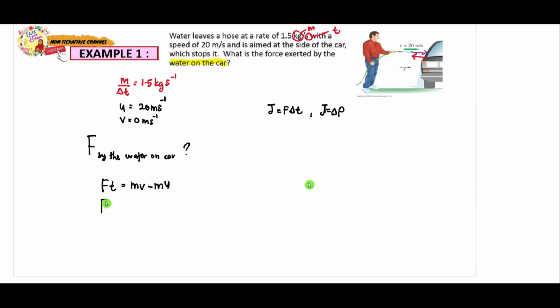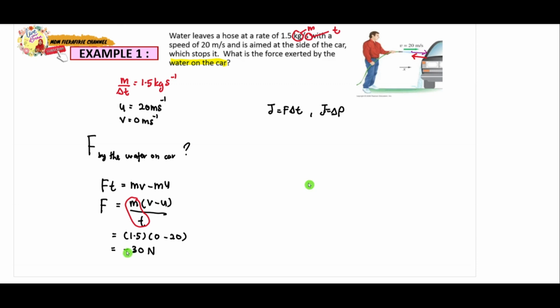So we want to calculate the force, so it's equal to m (v minus u) over t. Kalau kamu lihat dekat sini, saya rearrange the equation so that I will get the unknown m over t, where m over t is equal to 1.5 kg per second. So we can substitute here, and v is equal to 0 minus u, 20 meter per second. So F, saya akan dapat negative 30 Newton.